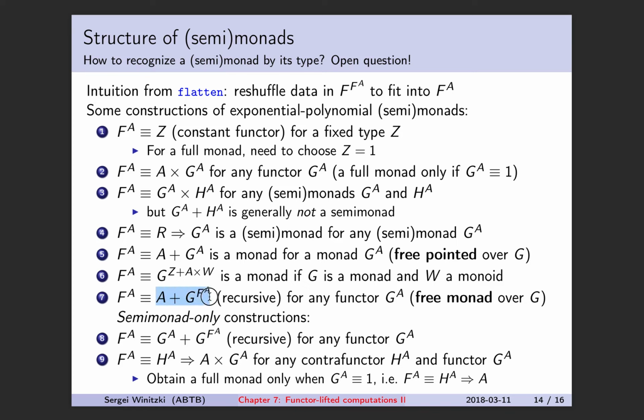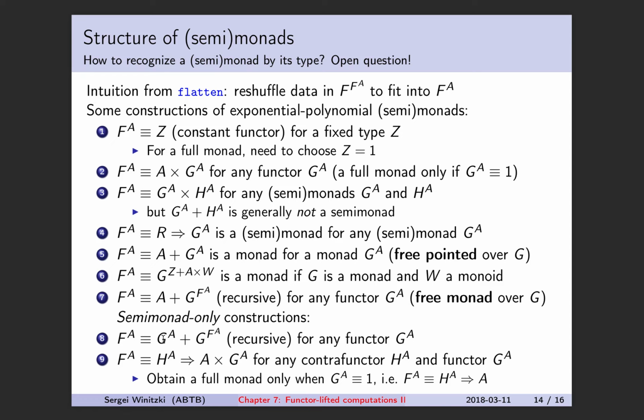Now this construction is very important. It's a free monad over a functor G, and it gives you a monad out of an arbitrary functor G, no restrictions on functor G. So this is used a lot to obtain monads out of arbitrary functors. Now, the last two constructions are somewhat peculiar.